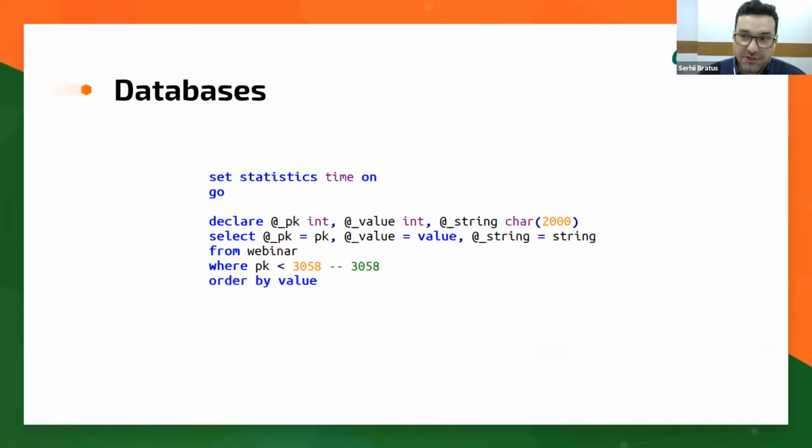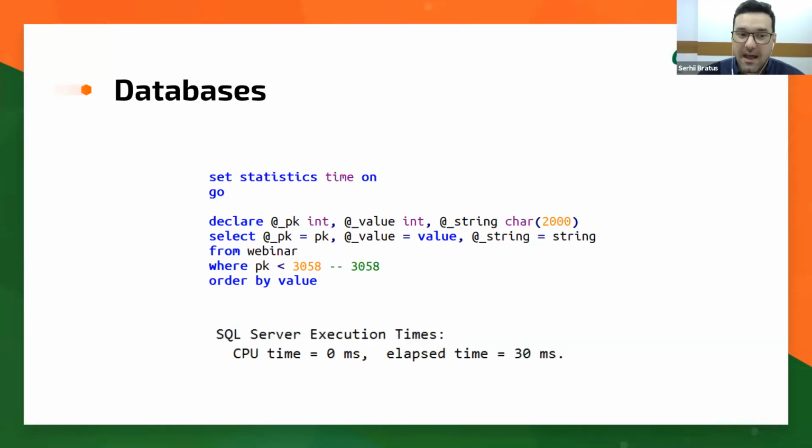But what happens if you change the where clause and make it not 3057 but 3058? It starts to run in 30 milliseconds for basically no reason, and it is 5 times slower. And if we add more data to the database, it gets slower and slower again and again.